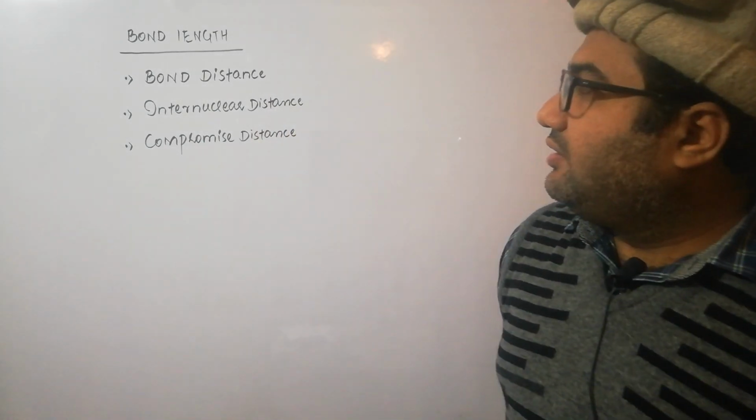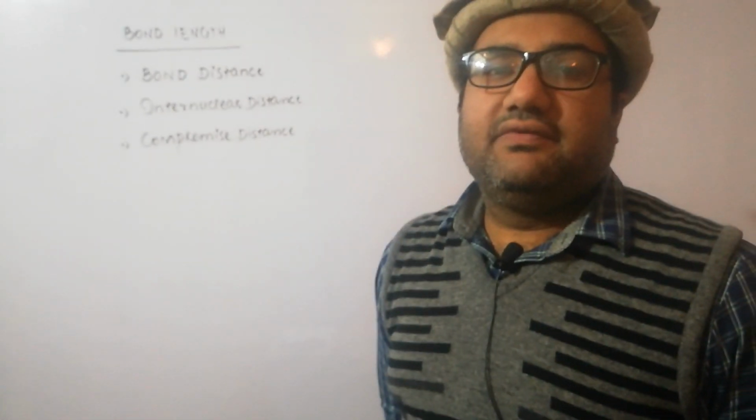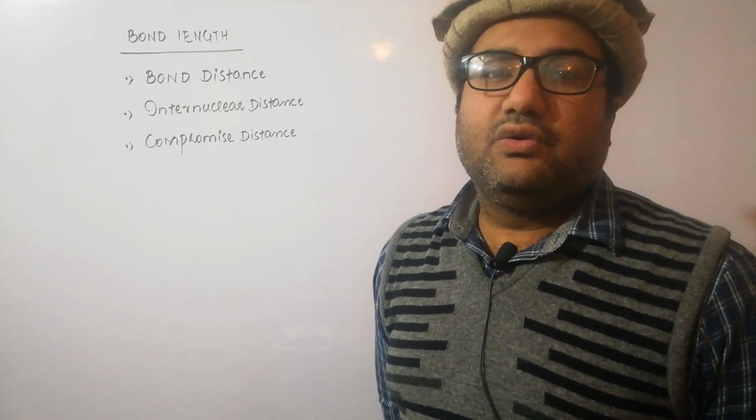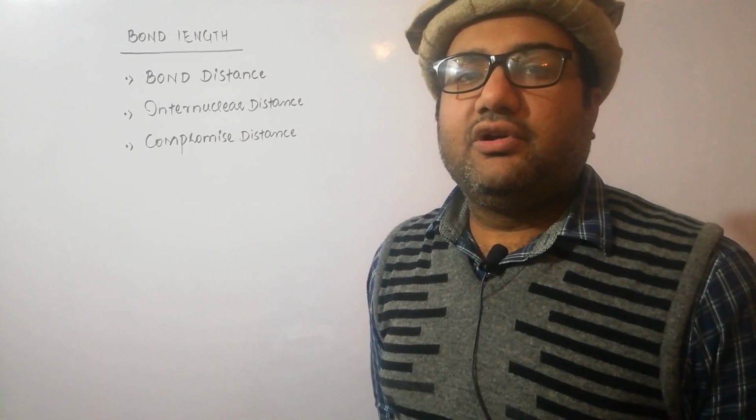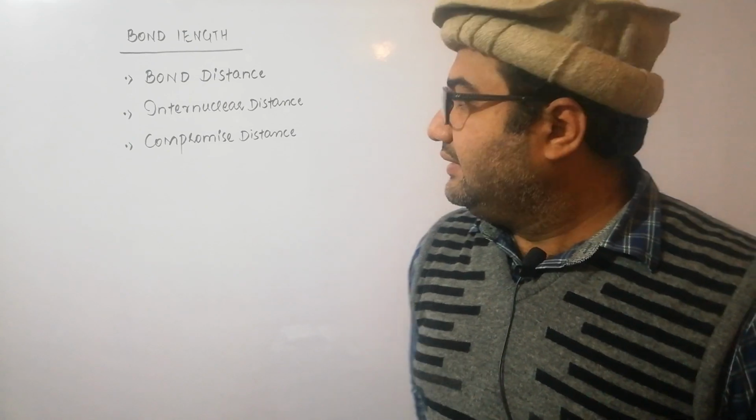The third name, internuclear distance, shows that it is the average distance between the nuclei of two covalently bonded atoms in a molecule.